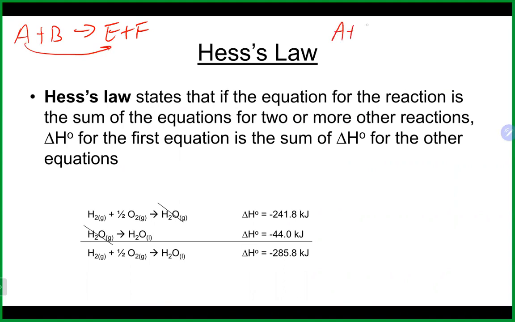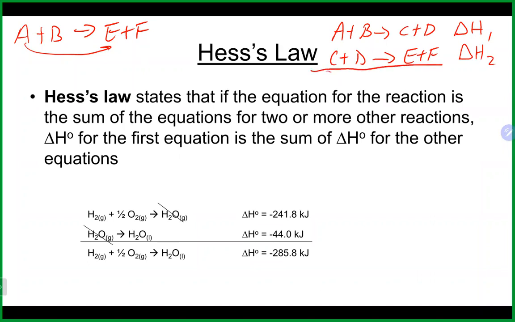Maybe A plus B first makes C plus D, and there's a delta H value associated with that. Then maybe C plus D come together and make E plus F, and there's another delta H value associated with that step.